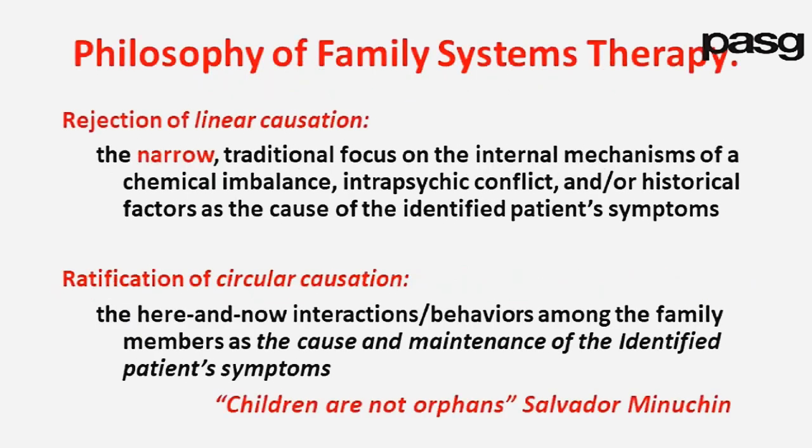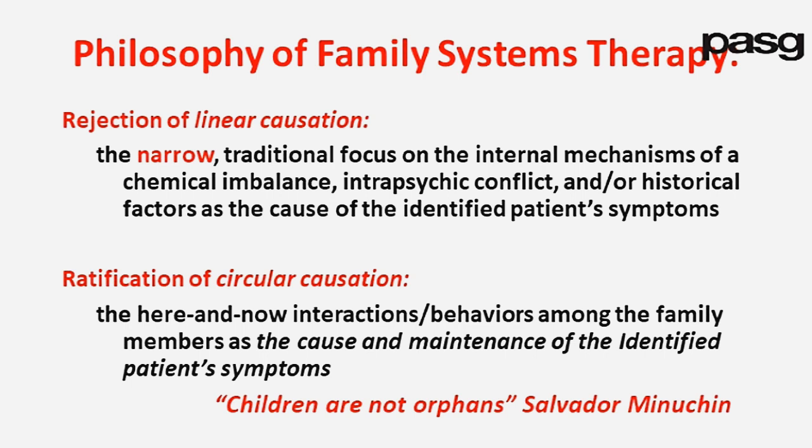Family systems therapy has done a couple of things that are particularly relevant to the treatment of alienation. First of all, it changes the very narrow traditional focus on internal mechanisms such as a chemical imbalance, intrapsychic conflict, or historical factors as the cause of the identified patient's symptoms.